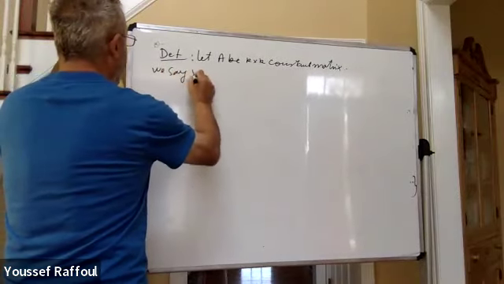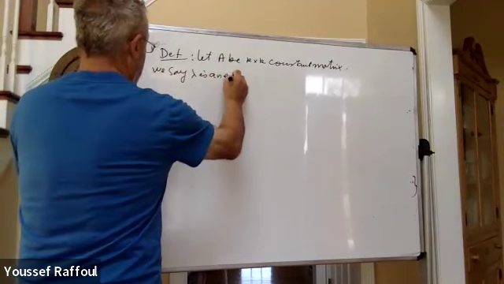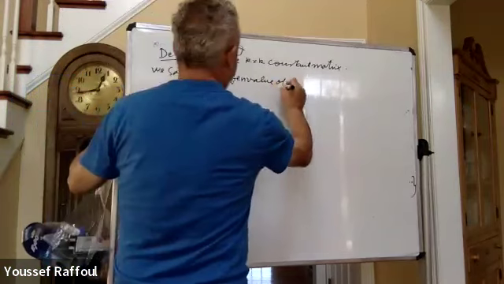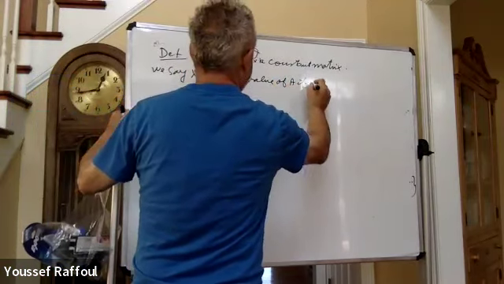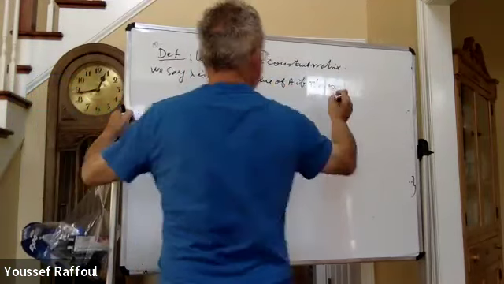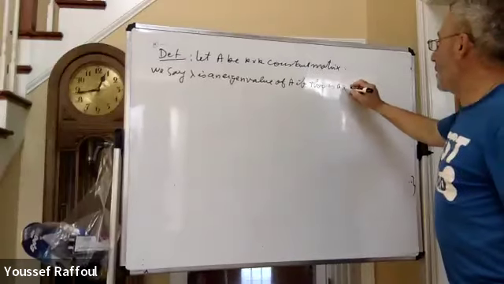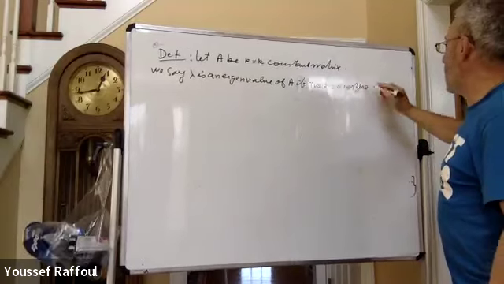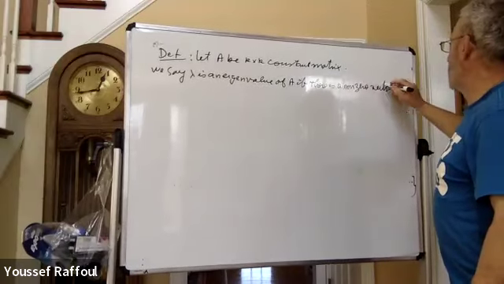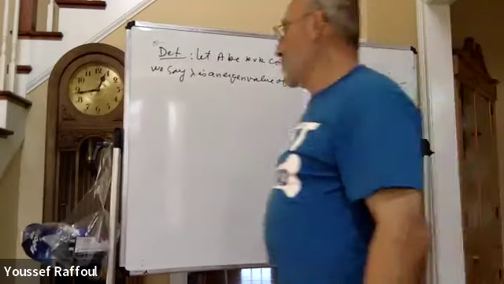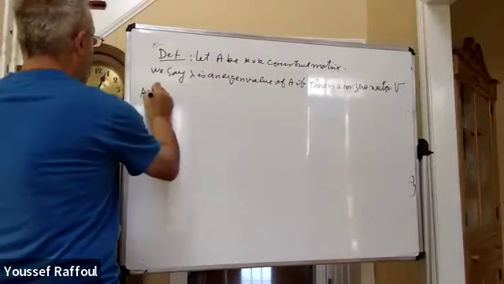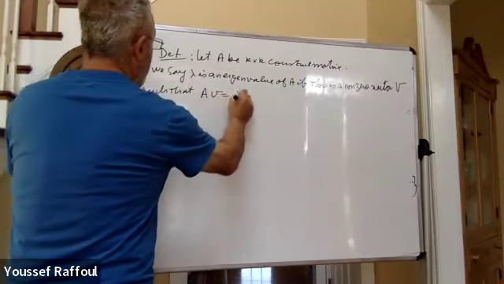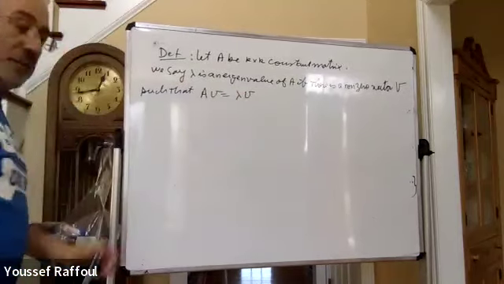We say lambda is an eigenvalue of A if there is a nonzero vector v such that A v equals lambda v.